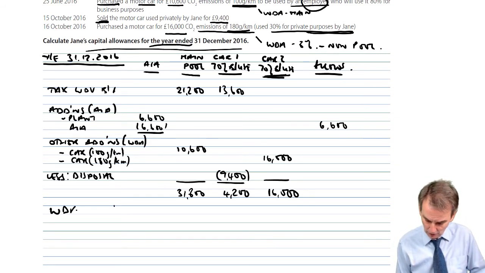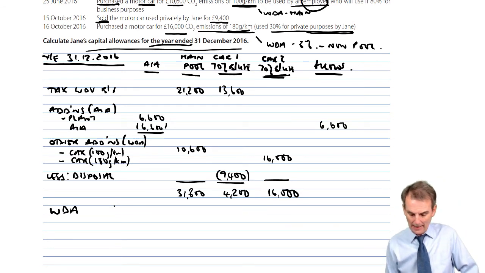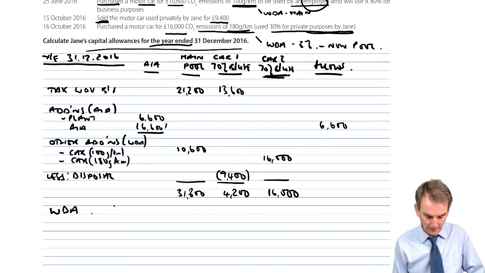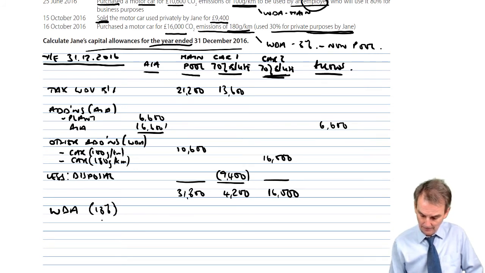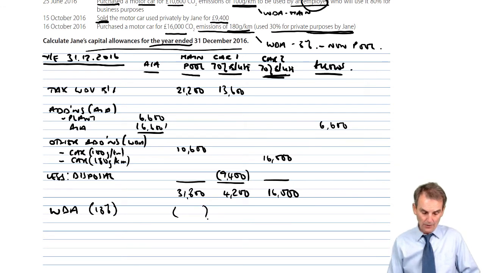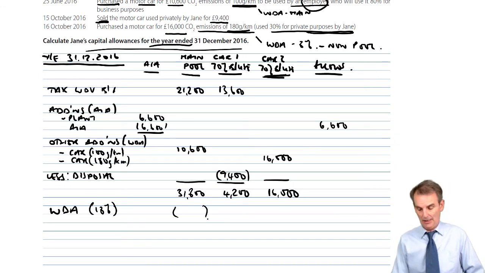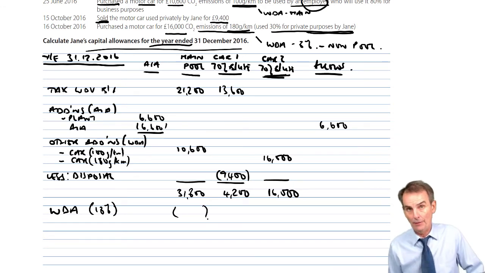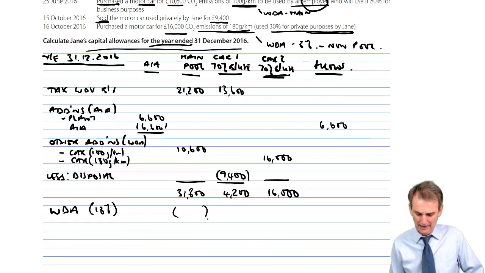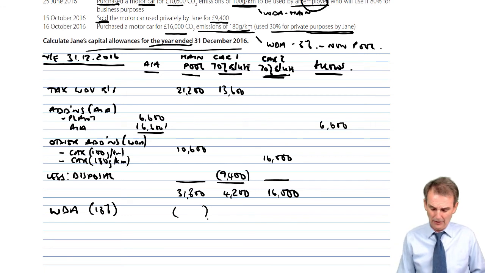In relation to our main pool, we will be able to get our writing down allowance at 18%. So on our main pool, 31,800, we will take our 18% there. Now again, you put that through your calculator. Writing down allowance, 18% of 31,800.